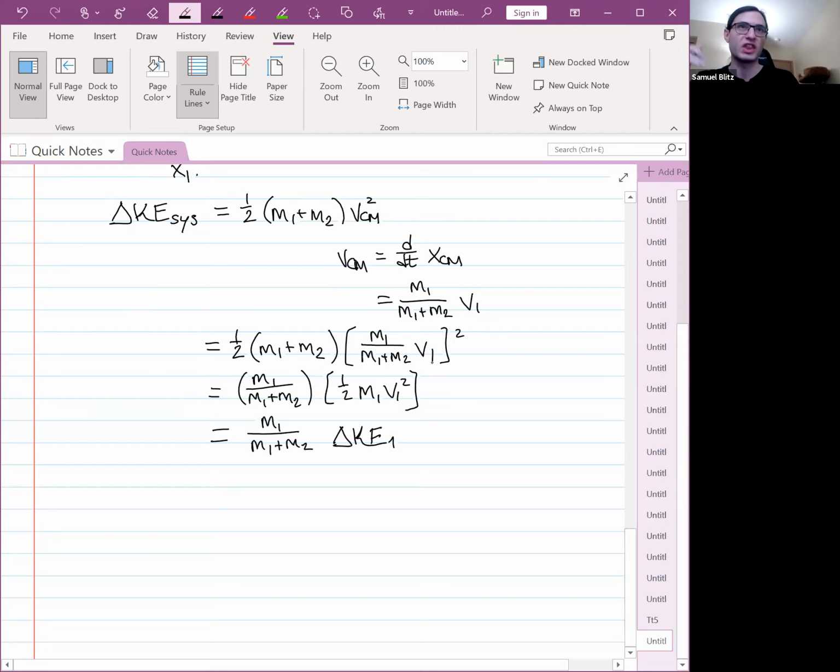How could it be that the system gains less kinetic energy than the change in kinetic energy of just a single part? One way to imagine this is that from the perspective of just the system, imagining that we don't know what's going on inside the system, the center of mass of that system doesn't move very far.